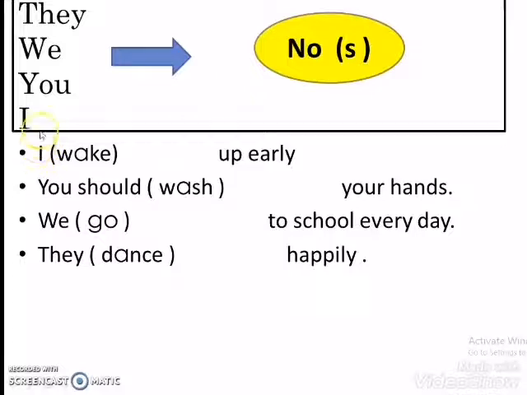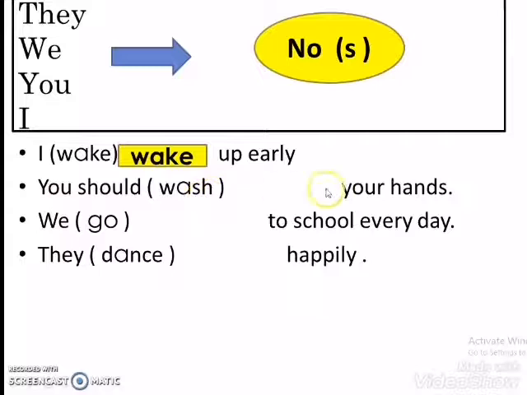I say if I have the pronoun I, I shouldn't add an S to the action verb. I only copy the action verb as it is. So I wake, I copy the action verb. I wake up early. I don't add an S for the action verb.